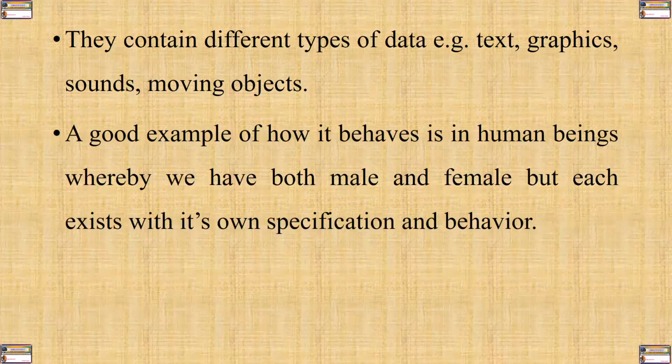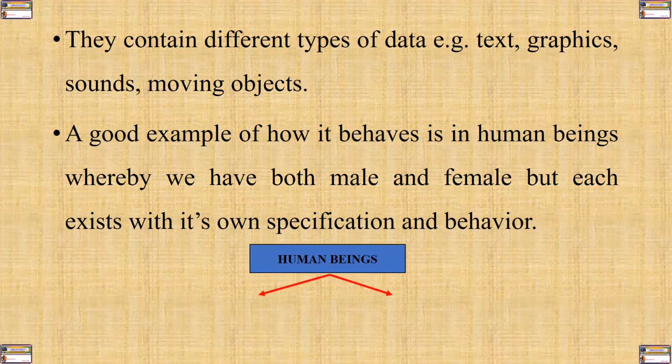A good example of how it behaves is in human beings, whereby we have both male and female, but each exists with its own specification and behavior. So this is an example of such an illustration. We have human beings who are categorized into male and female.